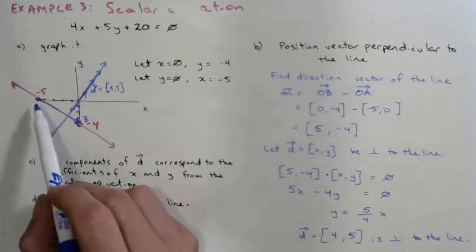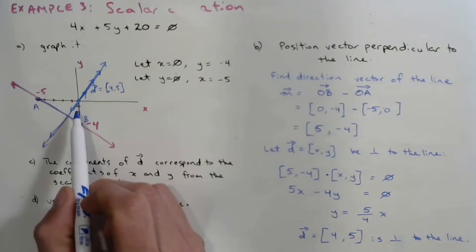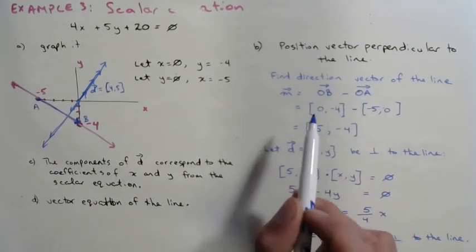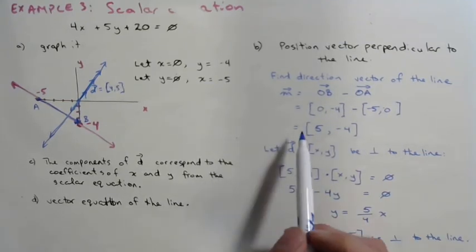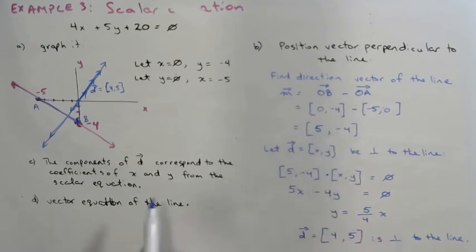Well, we actually have two position vectors. So we're back to the original line, our pink line here. Our two position vectors were OB and OA, so I can choose this vector or this vector. And our direction vector was found right here: m is our direction vector, 5, -4.